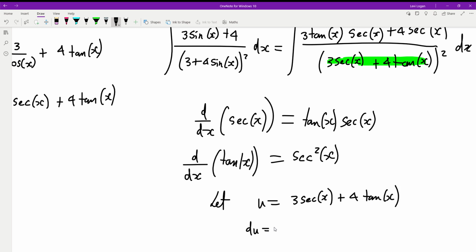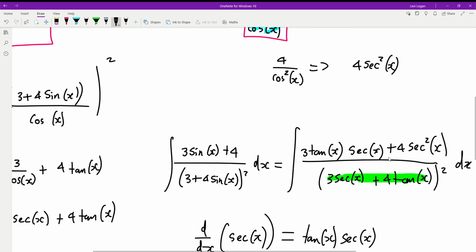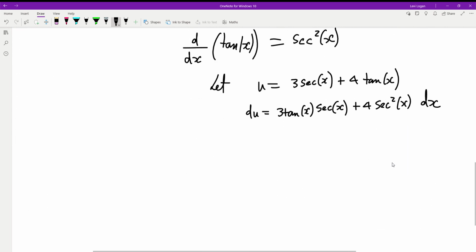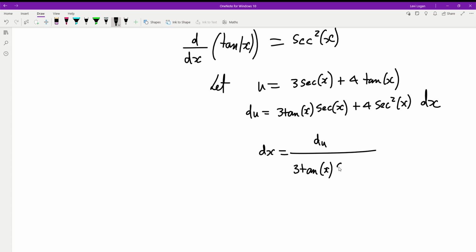Differentiating this side, this turns into 3 tan x sec x plus 4 sec squared x dx, which is just brilliant, because if you substitute that up here, it's going to cancel out very nicely. If I rewrote this in terms of dx, dx is du all over 3 tan x sec x plus 4 sec squared x.